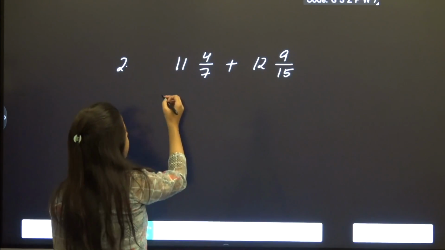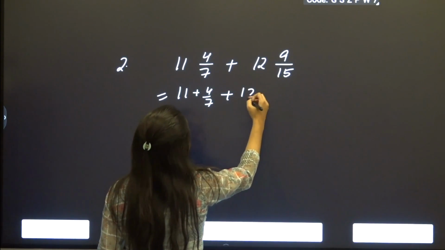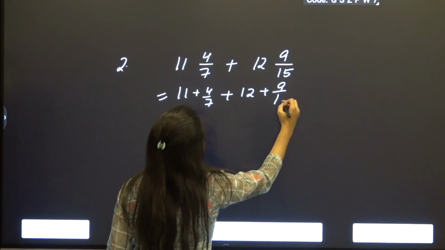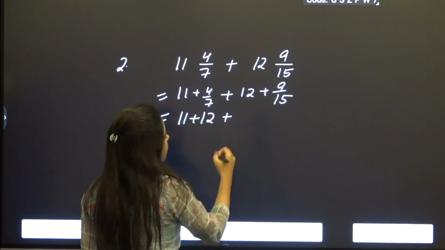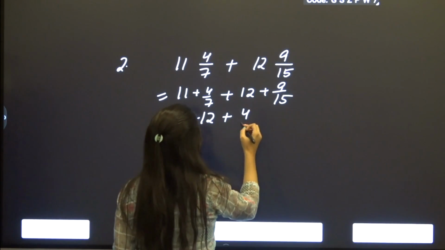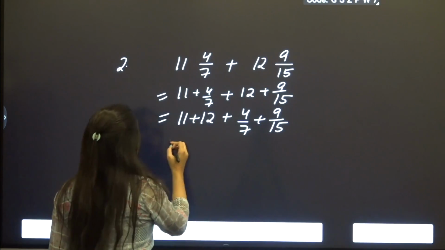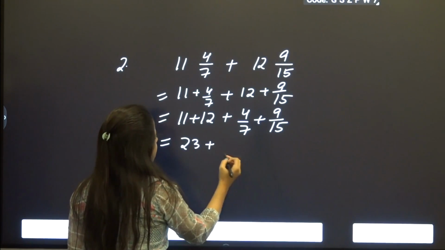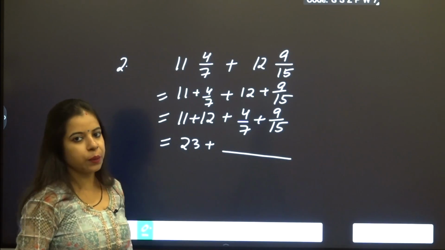So, here we can write this as 11 plus 4 by 7 plus 12 plus 9 by 15 and just add the whole part separately and the fraction part separately. So, this will be 4 by 7 plus 9 by 15. This will become 23 plus, 7 and 15 have no factor in common other than 1.